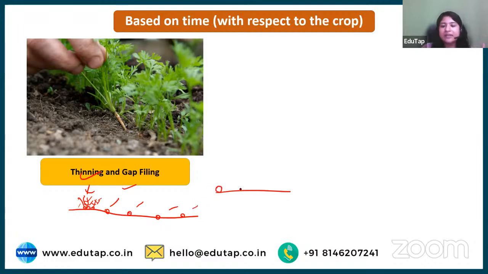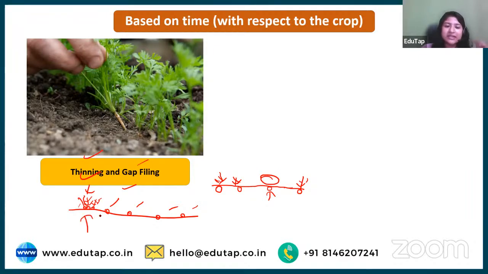Another case can be that you have sown seeds below the soil, and these are 4 seeds, but it happened that some could not germinate. So now there is a gap. So what is the thinning and gap filling operation that happens in the field?